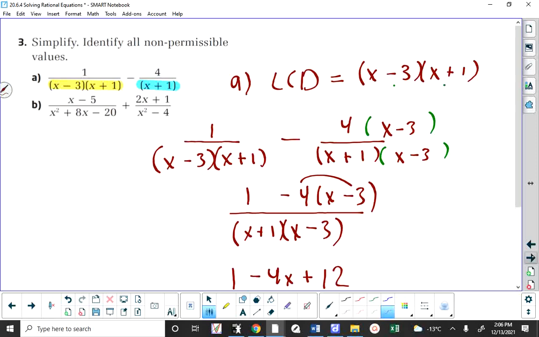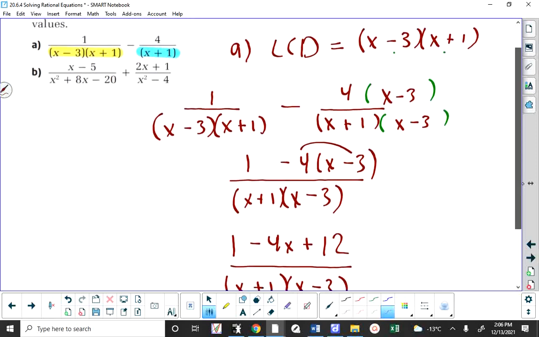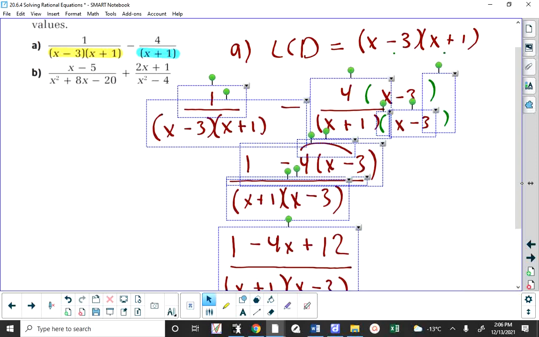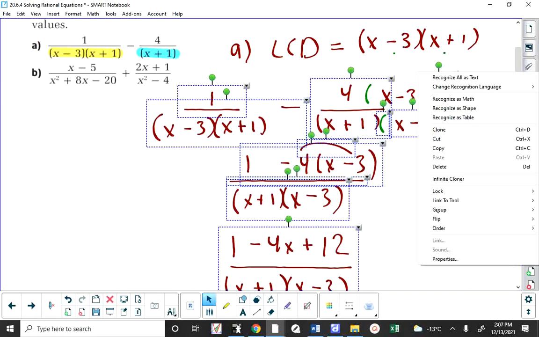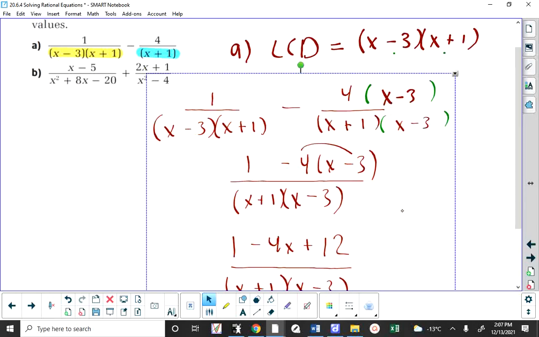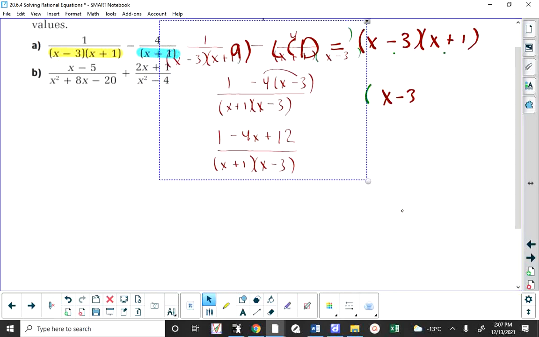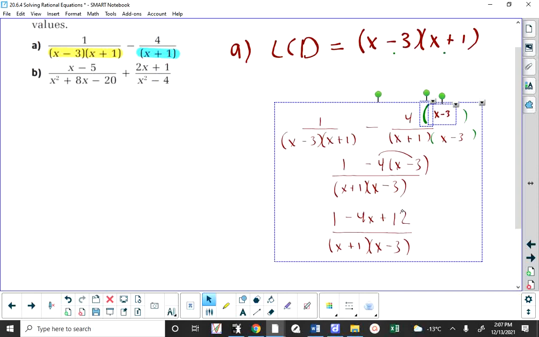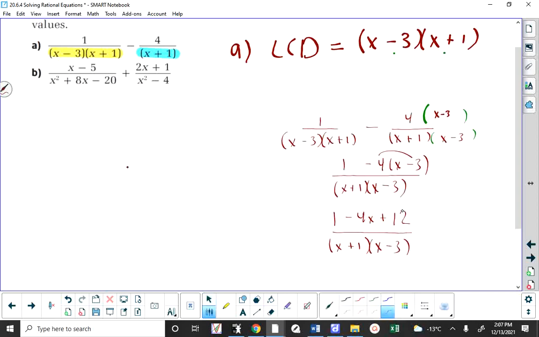So in question 3b, you have to factor this. Well, I was going to say you have to factor this part and point to something, but you have to factor everything all the time.